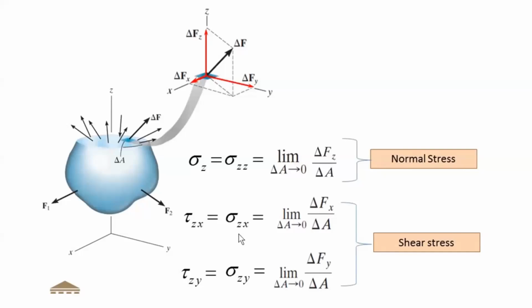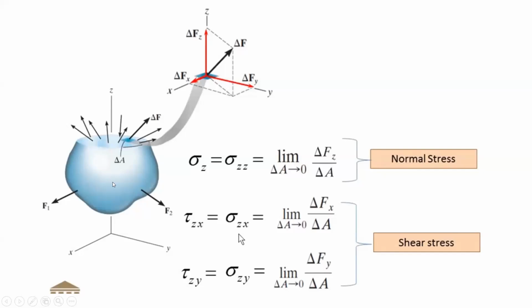Now the load can be anything like tensile load, compression load, bending, torsion, shear, any kind of loading. But this blue color represents a body, a component, a material which is subjected to different kinds of loads. Mostly this is an elastic body.